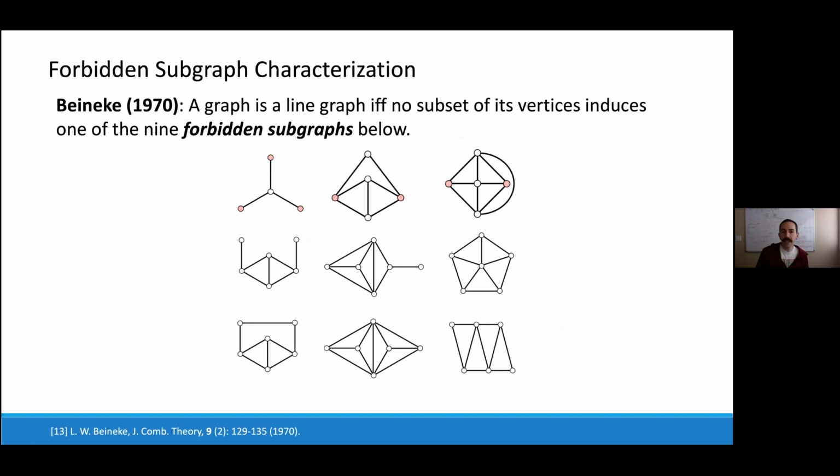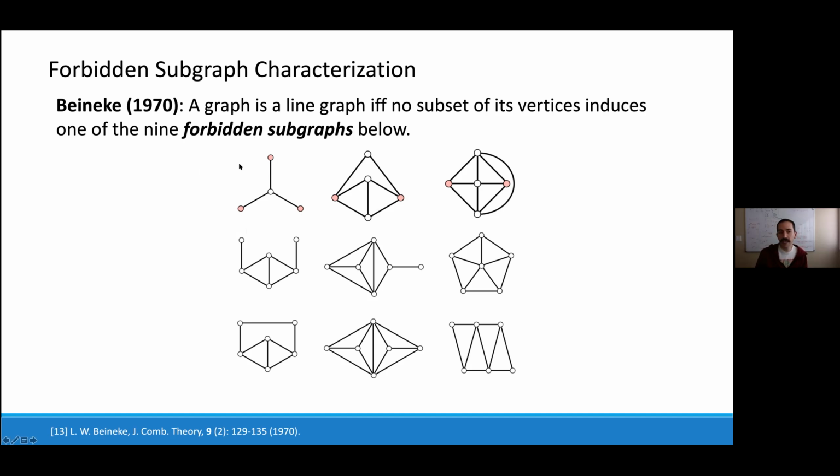But the point is the following, that a graph is a line graph. This is an independent characterization from Krausz's characterization. A graph is a line graph if and only if no subset of its vertices induces one of the following 9 forbidden subgraphs. Okay, so imagine I have a large graph with lots of edges, and then I just pick out a subset of the vertices and I delete all the edges that are incident to the vertices that I just deleted.